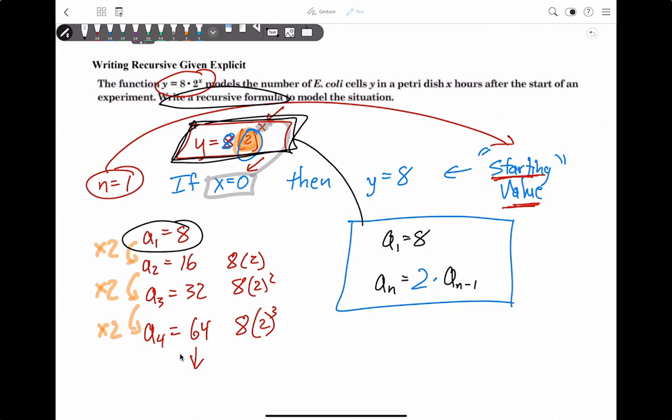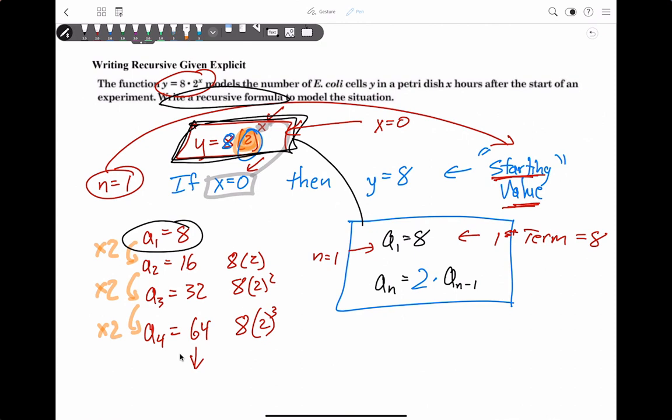I just want to make sure that you understand real quick before I'm almost finished with this video. The recursive formula is saying here that the first term equals 8. And we would put that up here as saying x is equal to 0. So the first term down here is when n is 1. This is a huge difference.